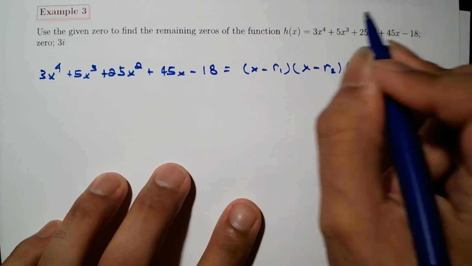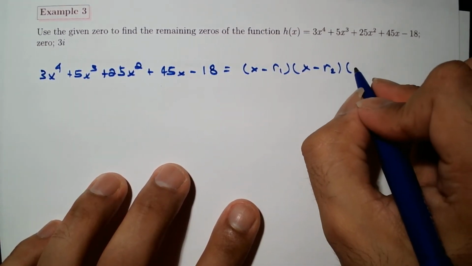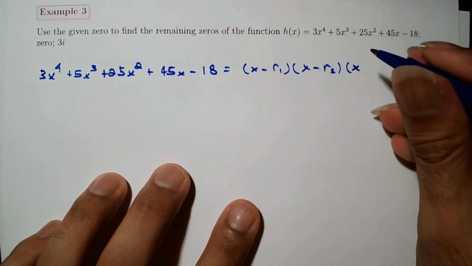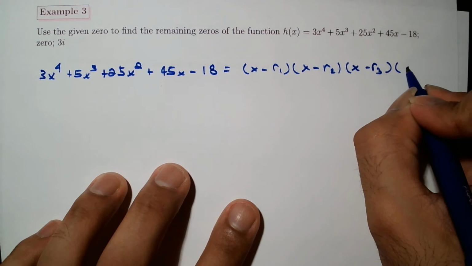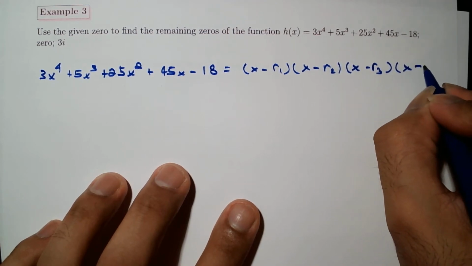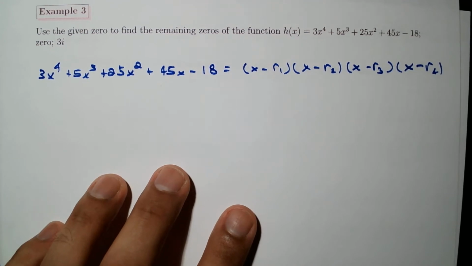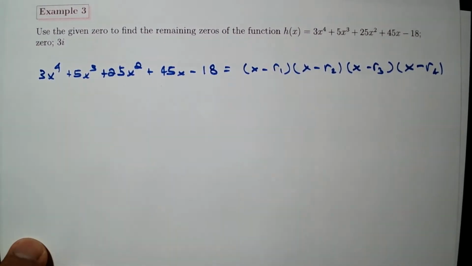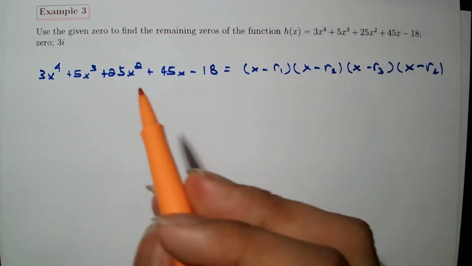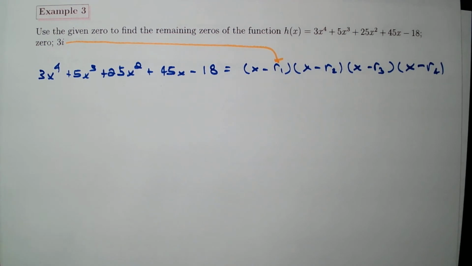Because it's degree 4, we're going to have 4 factors here. x minus r3, x minus r4. All right? So here, in this case, we are given one of the zeros.